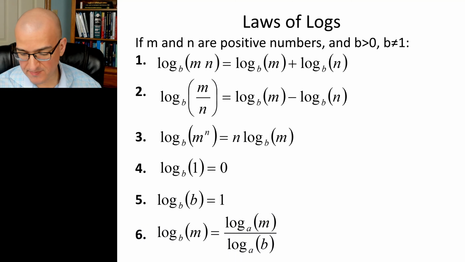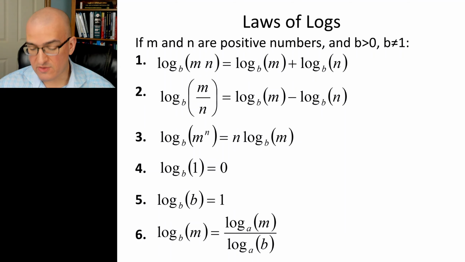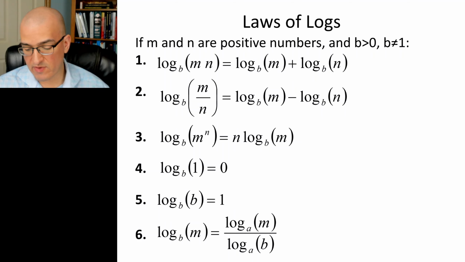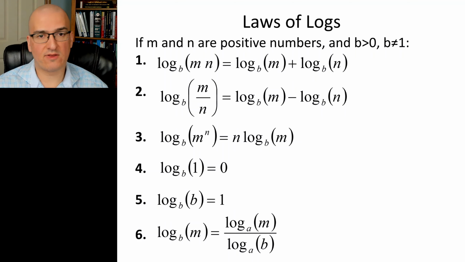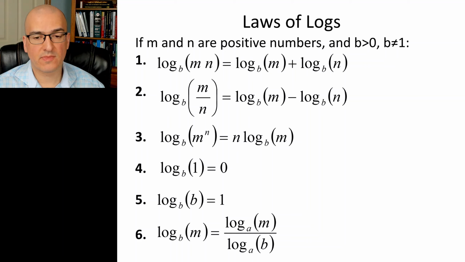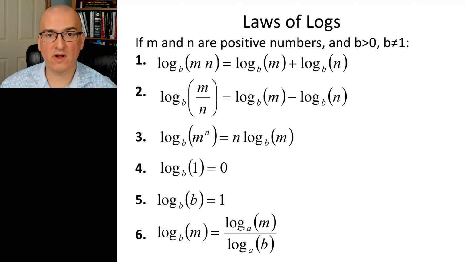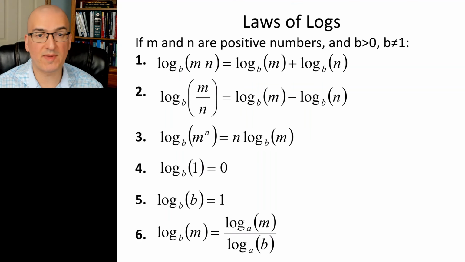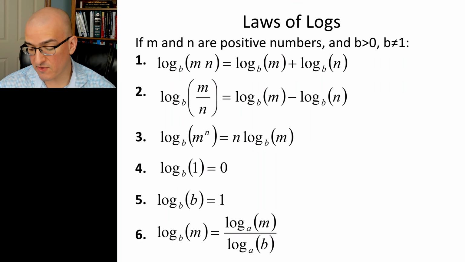The last one here is the log conversion formula. If you have a log of a base that you don't like, let's say a log base 7, and you want to know what log base 7 of a number is, let's say, what is log base 7 of 10? You look at your calculator, you don't have a log base 7 button, but you do have a log base 10 and a log base e. Well, what you do is you convert it to one of those bases that you have using this formula.